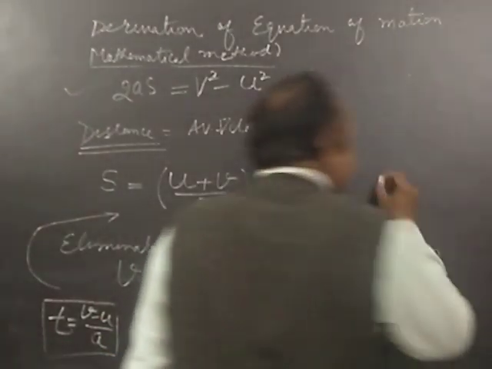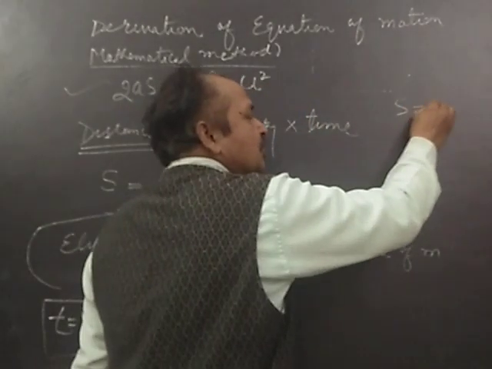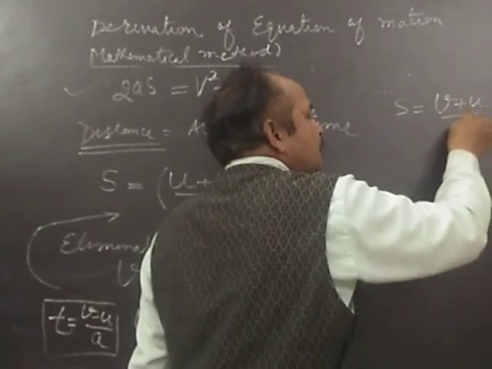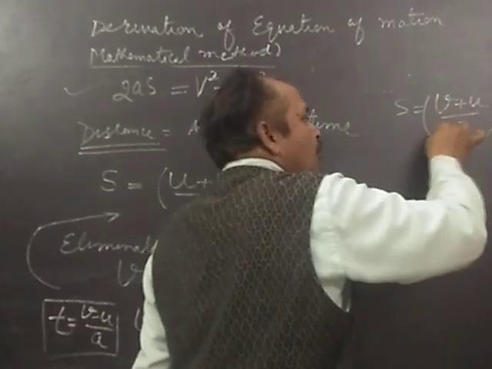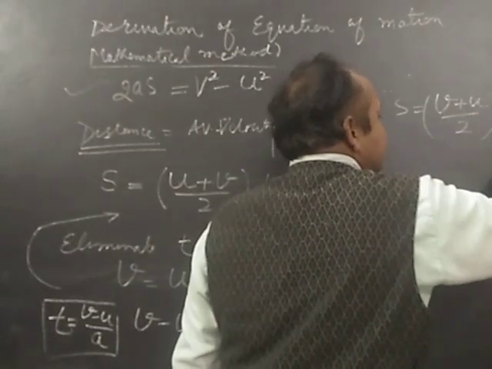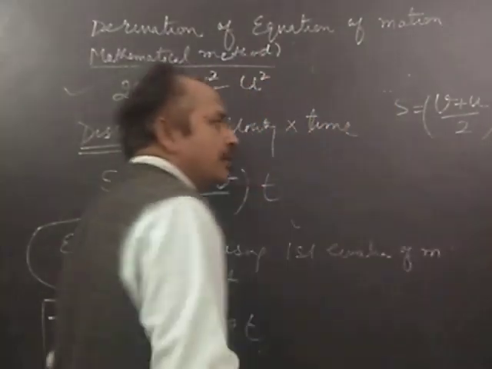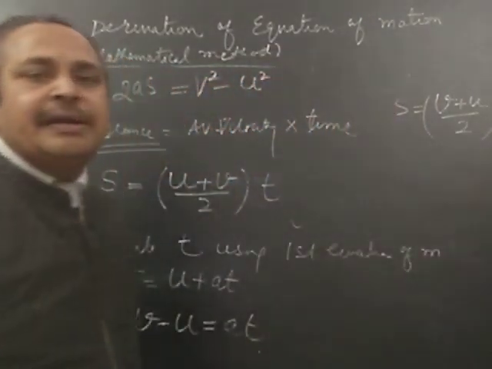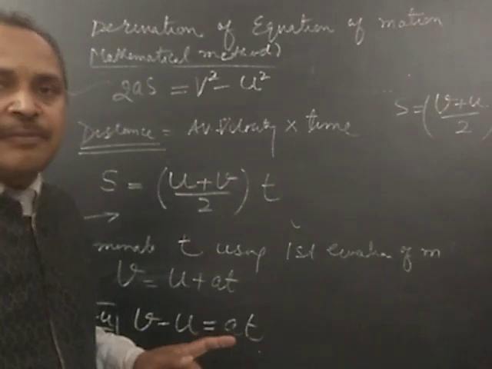So what I will get? S is equal to v plus u by 2 into v minus u by a. Is it clear?